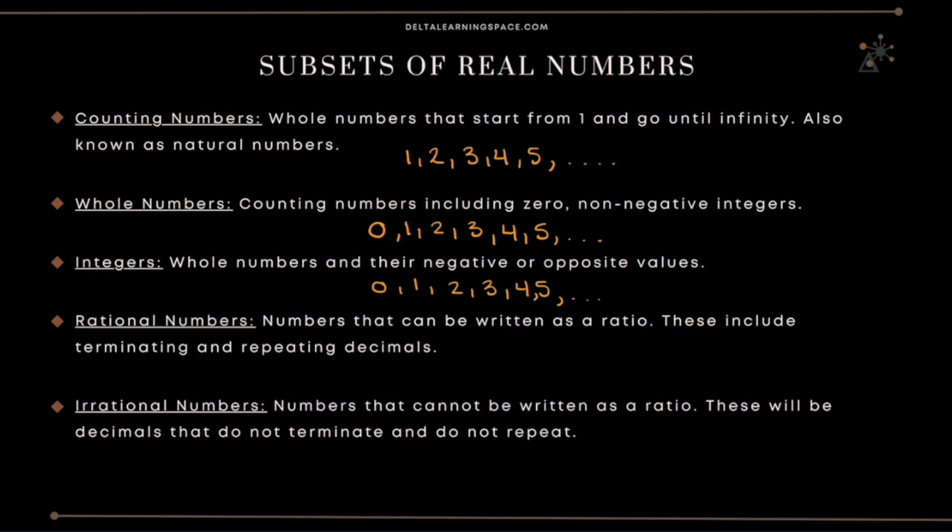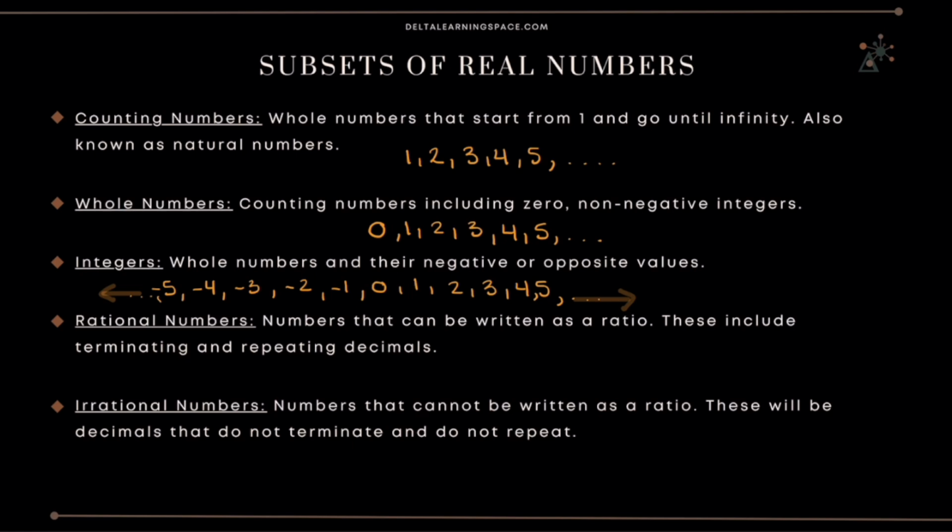While we have 1 to the right of the 0, we will have negative 1 to the left. Negative 2, negative 3, negative 4, and negative 5. And while we can continue in that positive side until infinity, we can also continue in that negative side until negative infinity. So I'm just going to put dots.